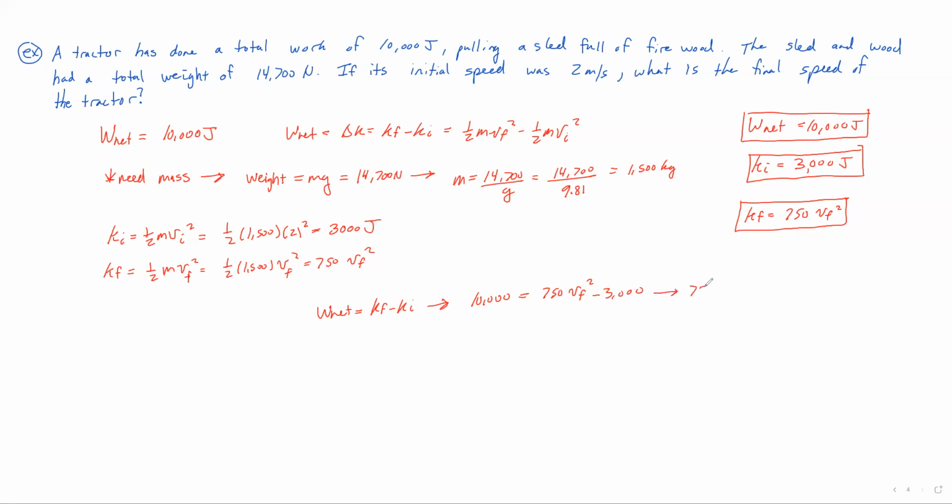Which means that 750 VF squared is equal to 10,000 plus 3,000, which is 13,000. Okay. And then I can say that VF squared is equal to 13,000 divided by 750. Right? And that's equal to 17.3. Now I want VF, I don't want VF squared. So if VF squared is equal to 17.3, VF will be the square root of 17.3. And that's going to be 4.16.